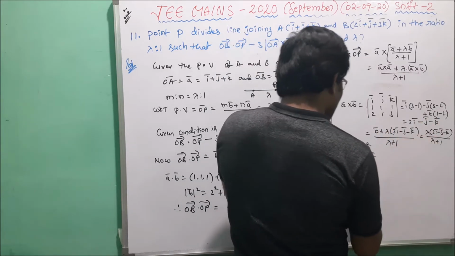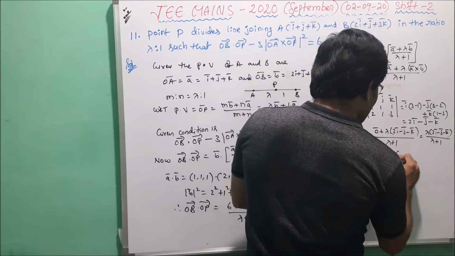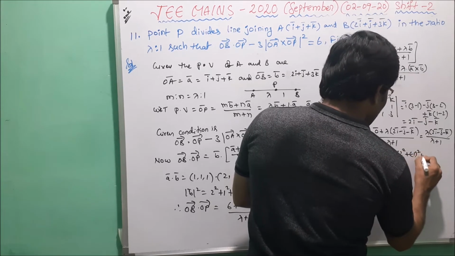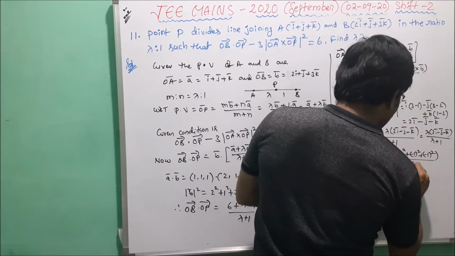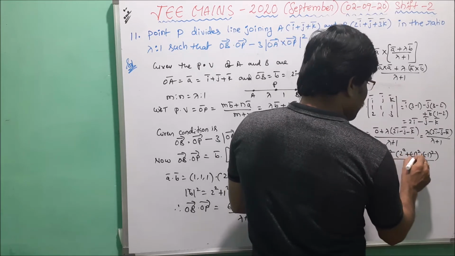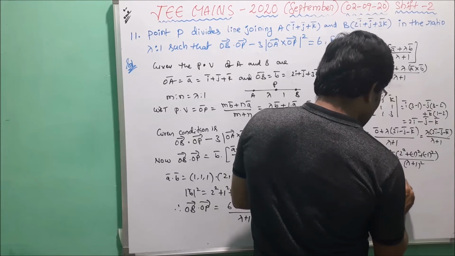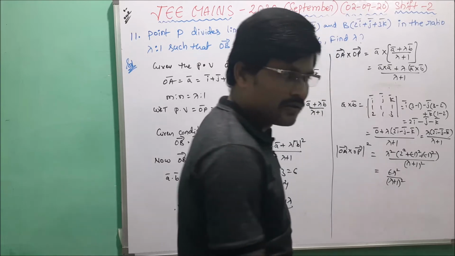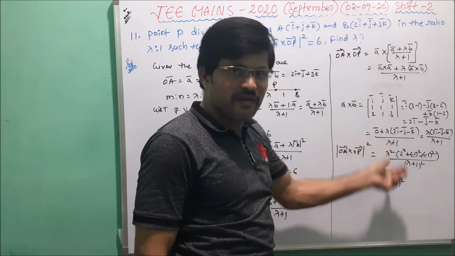So we take the modulus square, that is lambda square into 2 square plus minus 1 whole square plus minus 1 whole square by lambda plus 1 whole square. This is 4 plus 1 plus 1, 6. So 6 lambda square by lambda plus 1 whole square. This is mod OA bar cross OP bar square.